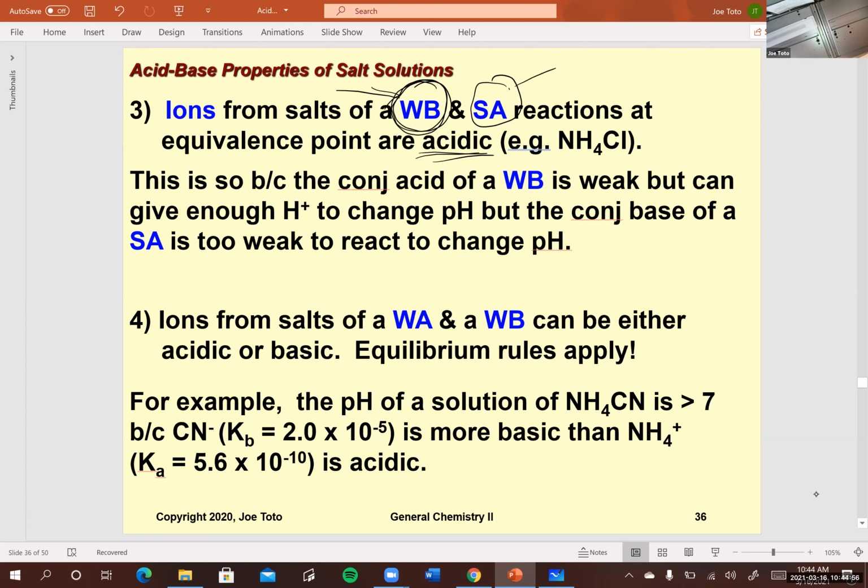For example, this is the salt that remains when we neutralize a weak base with a strong acid, to completion, 100%.